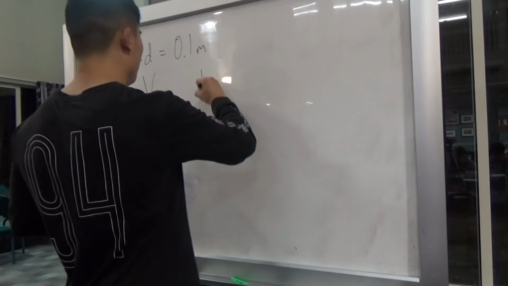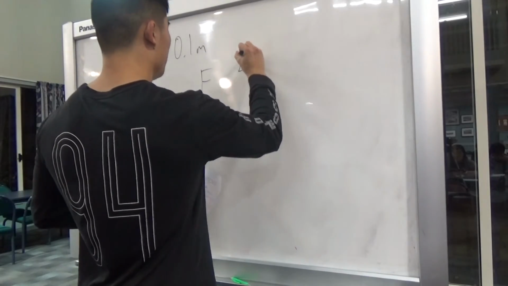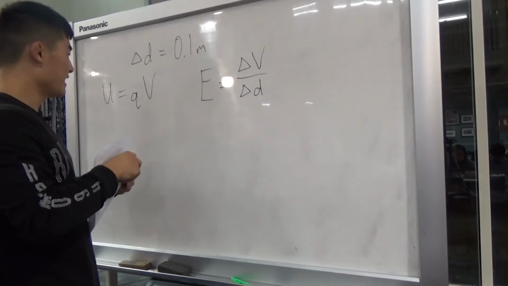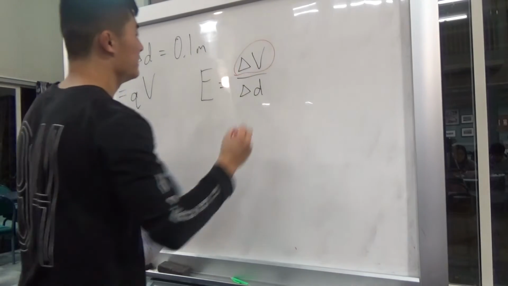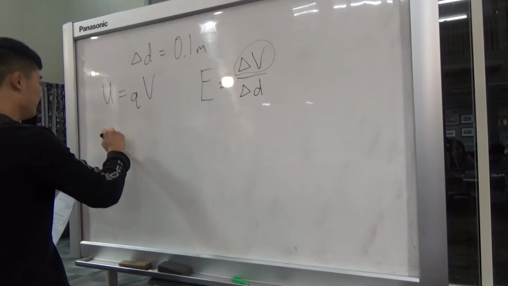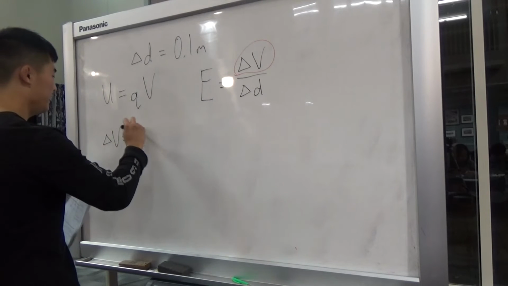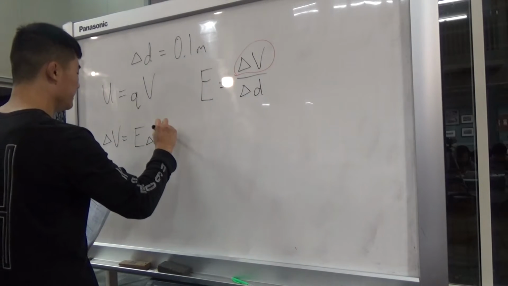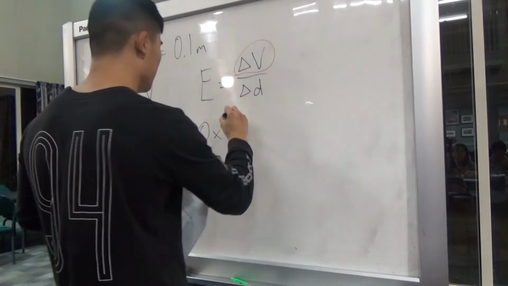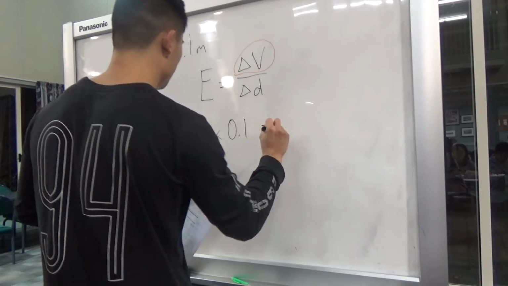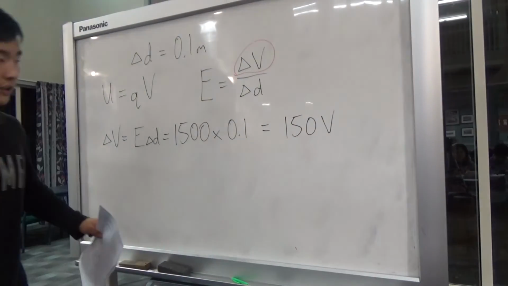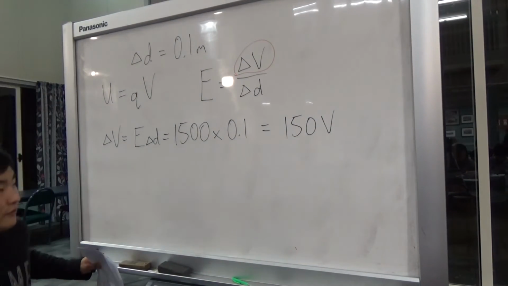So remember, we had our equation E is equal to delta V over delta D. So what we want to find out this time is delta V. Delta V is equal to E times delta D. So that's 1500 times 0.1, which is equal to 150 volts.